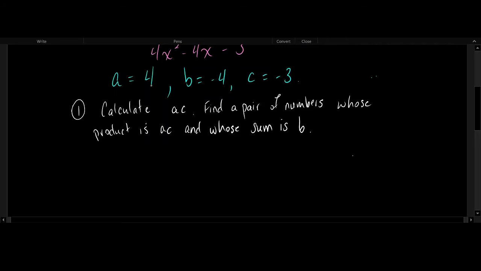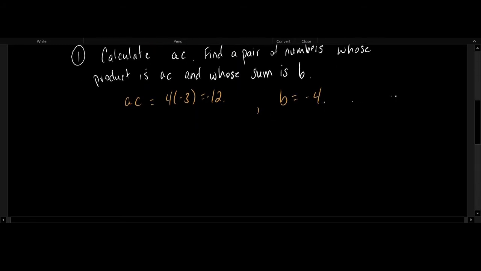We have A equals positive 4 and C equals negative 3. So AC is equal to 4 times negative 3, which is equal to negative 12. So our goal is to find a pair of numbers whose product is negative 12 and whose sum is negative 4.